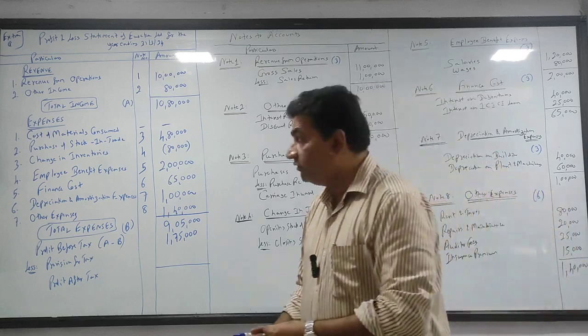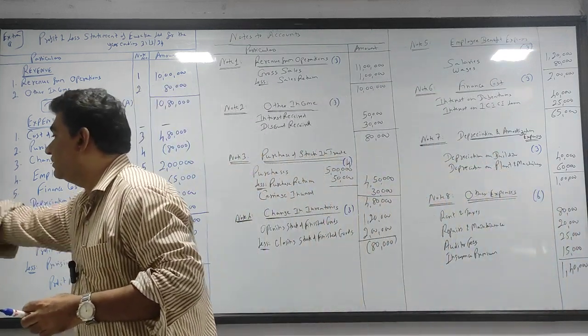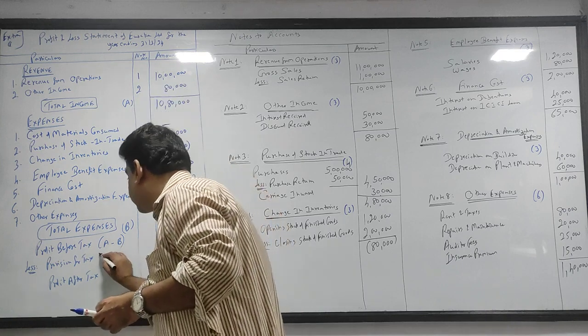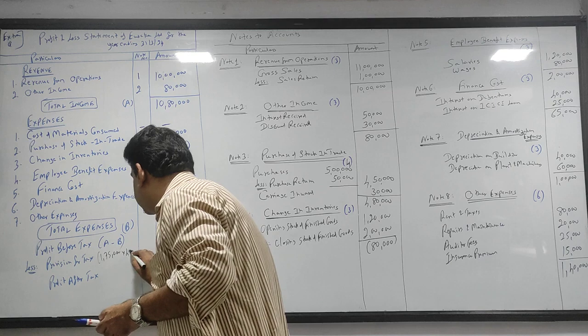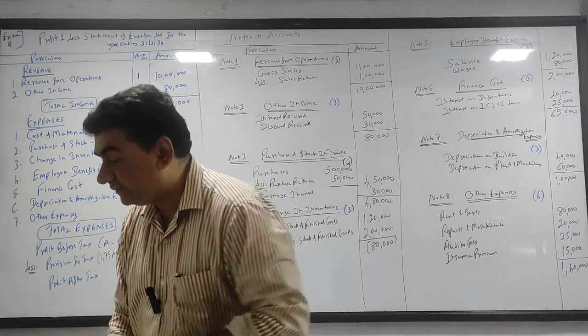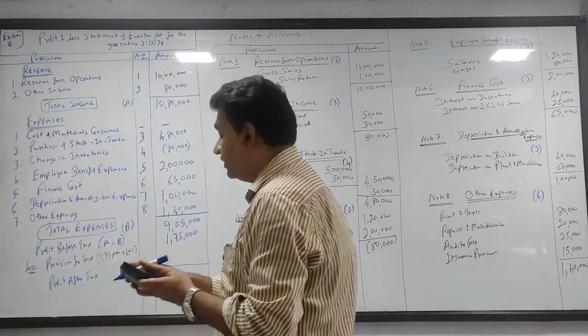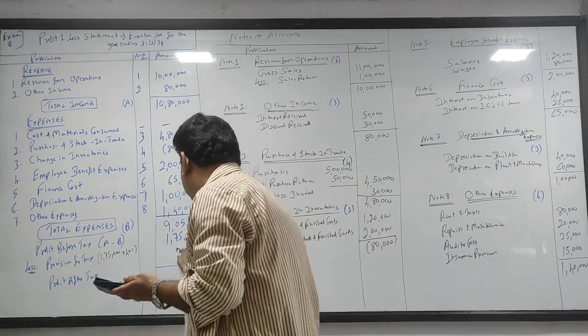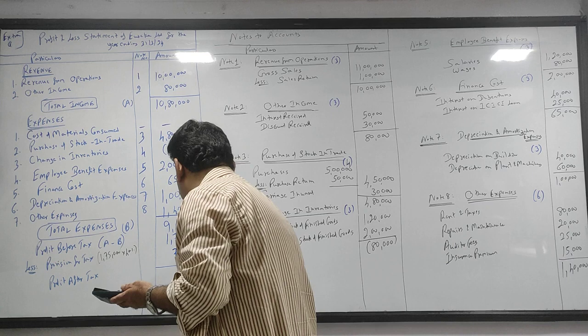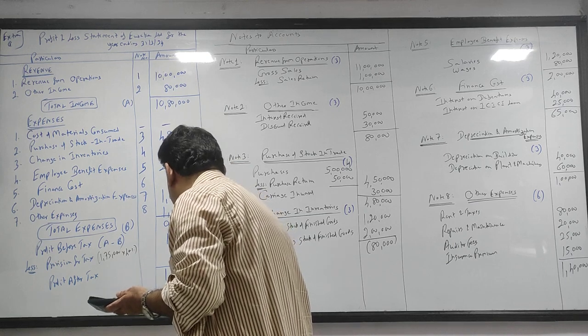यहाँ पे क्या बोला, 40%. So what will happen? My profit before tax, I'll do it here only in brackets, provision for tax will be 40% of 1,75,000. So 175 into 0.4 gives you 70,000.